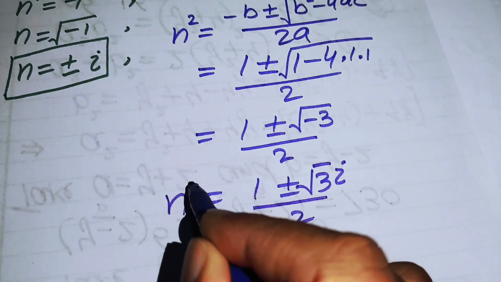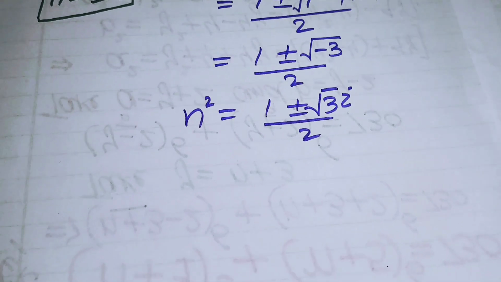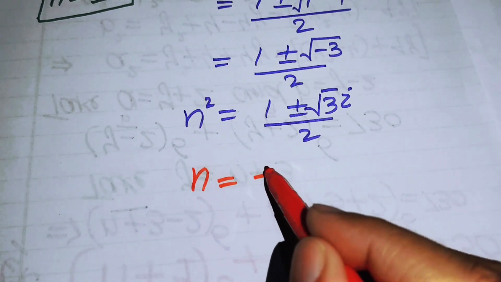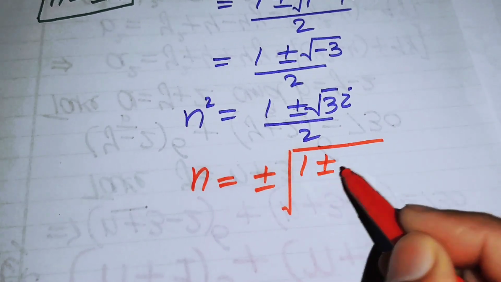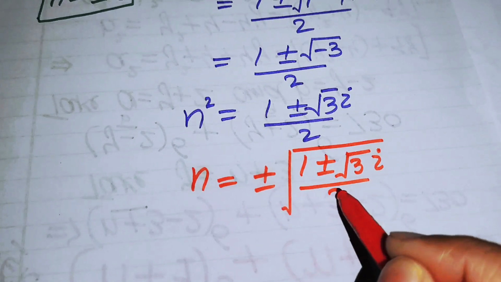So this is the value of n squared, and in order to find the value of n, we will just take square root on both of the sides, and you will get n equals plus minus square root of 1 plus minus square root of 3 iota over 2.